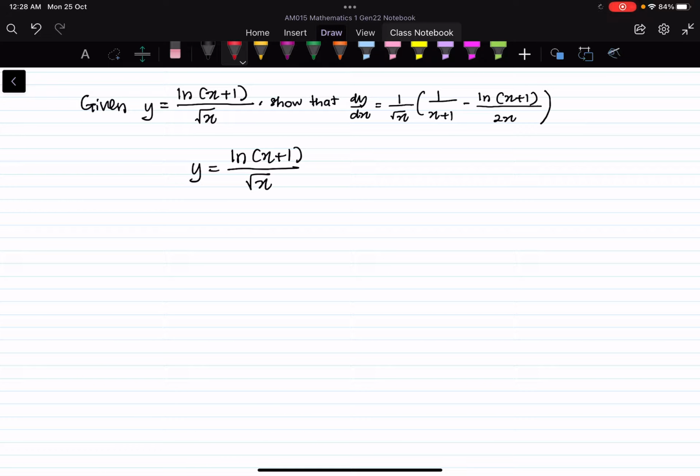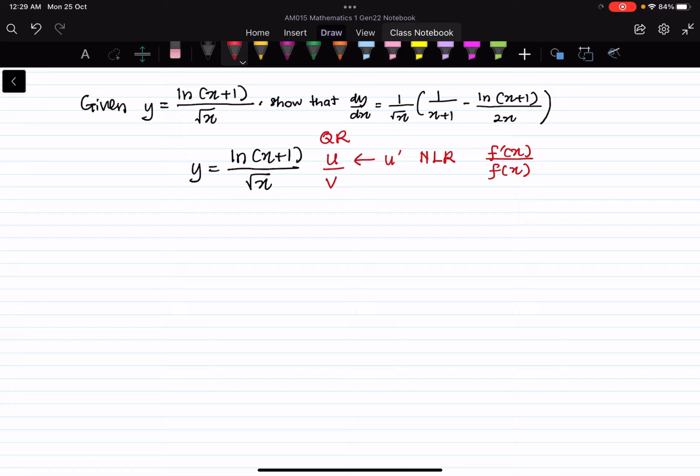For this question, we're going to use the quotient rule because we have a function in terms of u over v. It is a rational function. To differentiate u, we're going to use the natural log rule: differentiate the function and copy down the function.